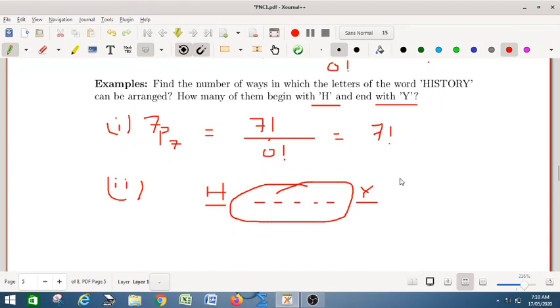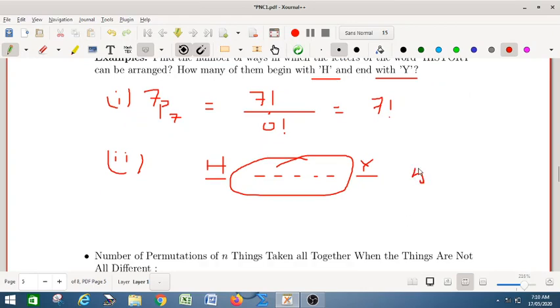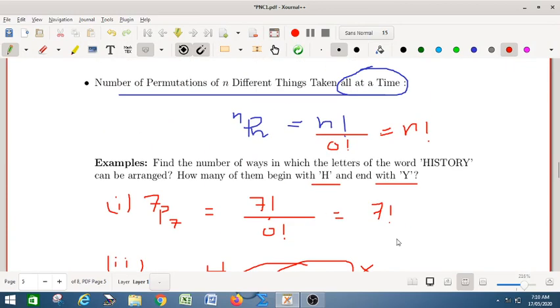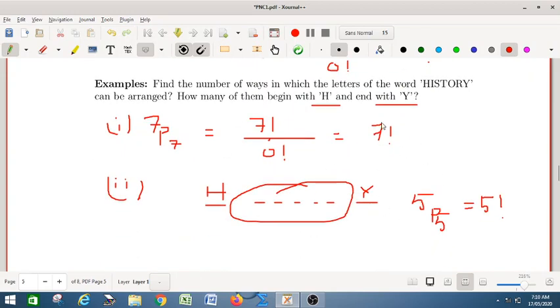You have 5 letters, because H and Y are gone, so you have I, S, T, O, R. So 5 letters and 5 places. In how many ways can you arrange? 5P5. Your answer is factorial 5. This is how the arrangement works when all the objects are taken together.